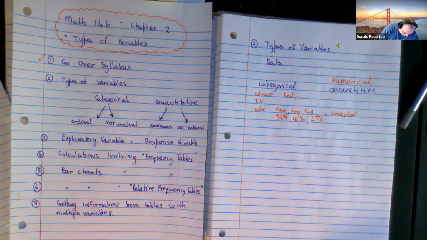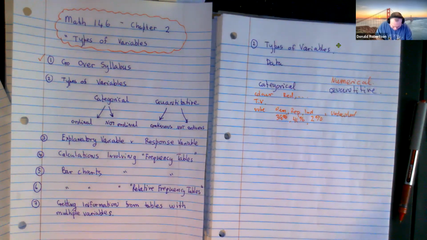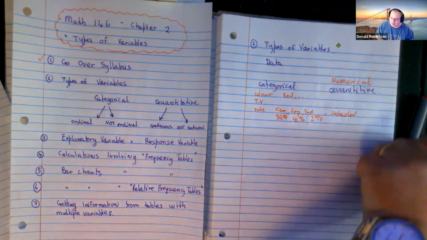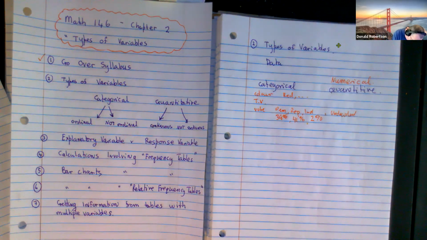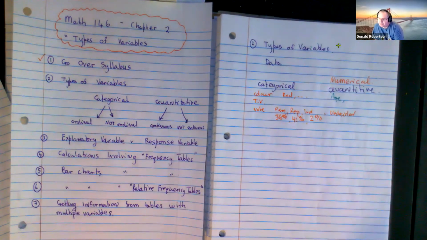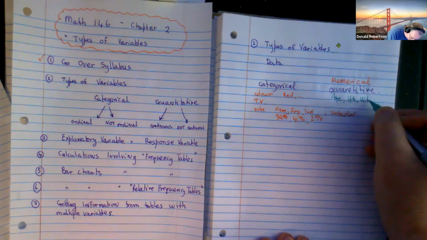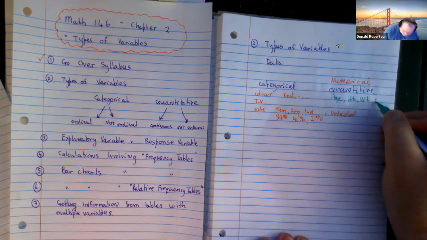Now, quantitative happens when you ask people things and the answer is a number. So I could ask you your age. Wouldn't that be quantitative? I'm 22, I'm 44, whatever. I could ask you your height. I could ask you your weight. Couldn't I ask you the number of coins in your pocket?